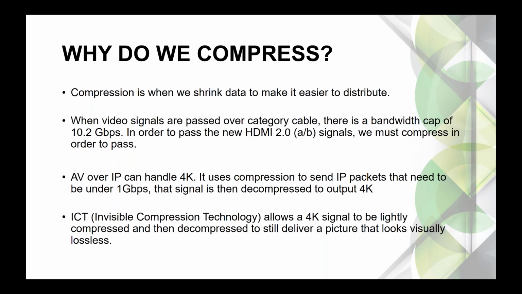So HDBaseT, category cable at 10.2, and AV over IP, or sometimes it's called HDMI over IP, compress to go through, in most cases, a 1 gigabit switch, and in some of the stuff I saw at CEDIA this year, now they're requiring a 10 gigabit switch, but still that's well below 18 gigabits.